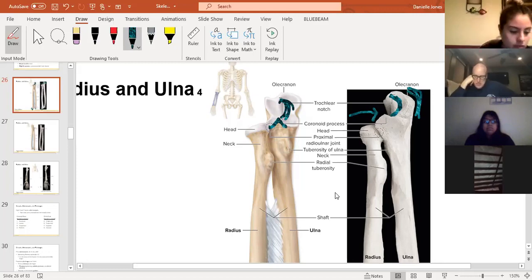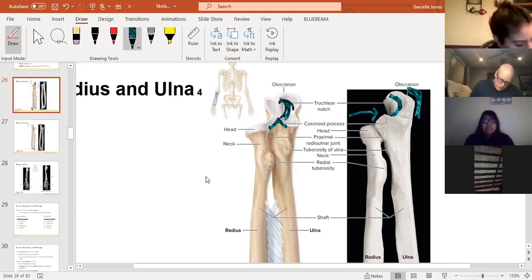The radius is the one that has the circular head. So right here, here's that circular head. That's going to be the radius. And of course, we already said this is a U shape, so it's an ulna, but that is the head of the radius. Head of the radius. And you could just put head. You don't have to put head of radius. You can if you want.